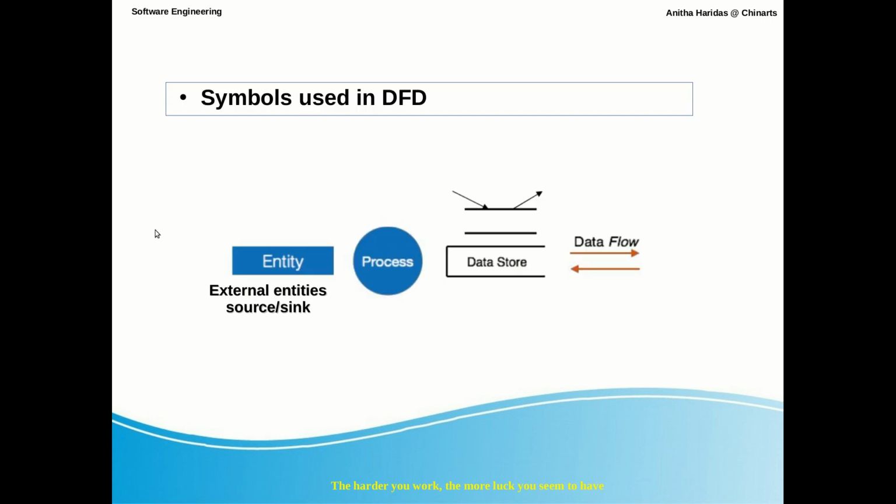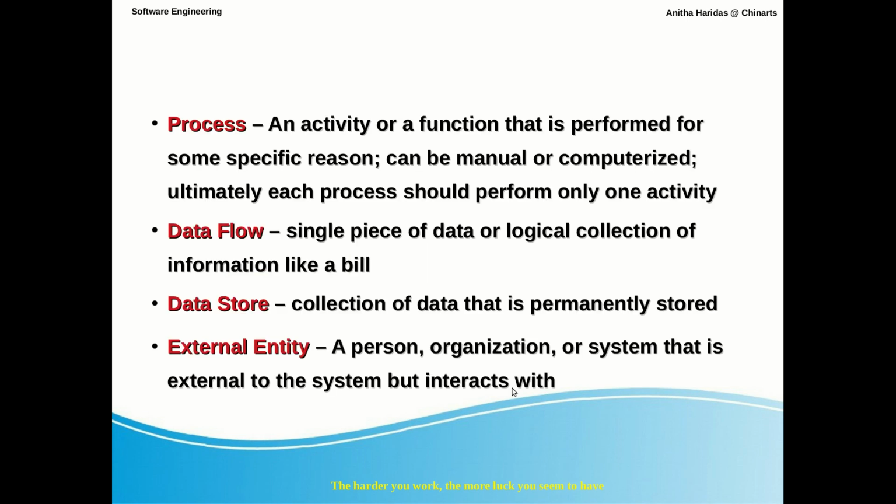And these are the symbols used in our data flow diagram. The entities are represented using a rectangle, the process is represented as a circle, the data store can be represented like this or like this, and the data flow obviously using the arrow marks.